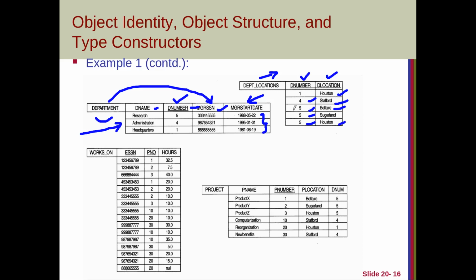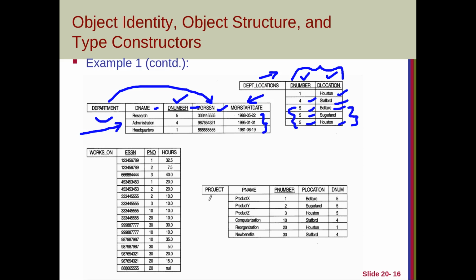So for department number 5 we can have different locations. In this table, department number and location together are considered the primary key, because department number is repeating, so we cannot identify rows by using that alone. That is why we combine these two to form a primary key. This is only a review, because you are already familiar with normal relational database representations.